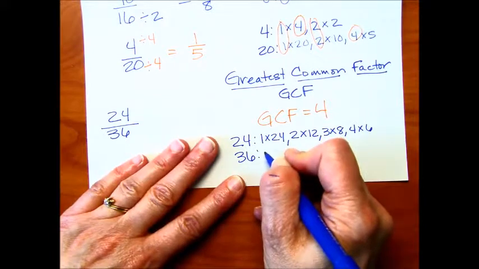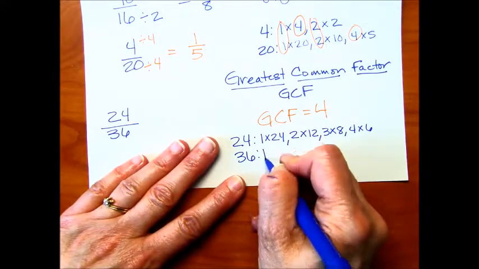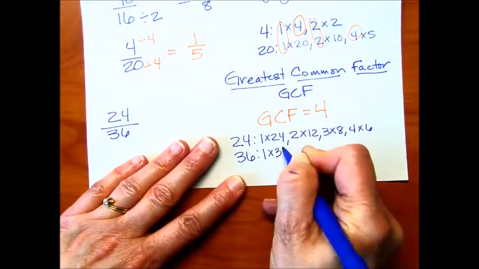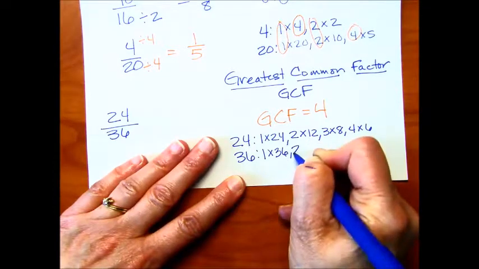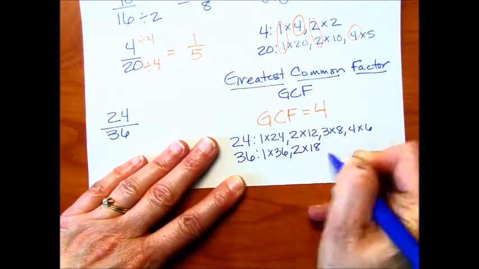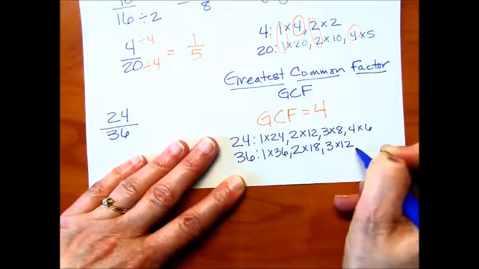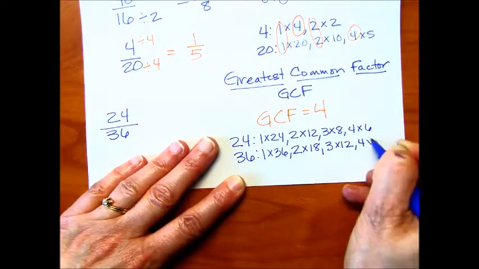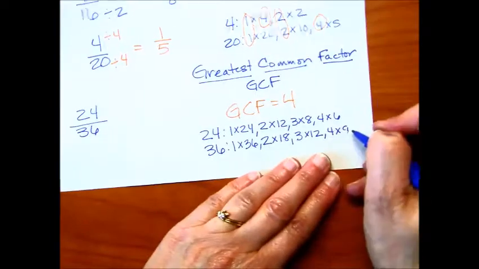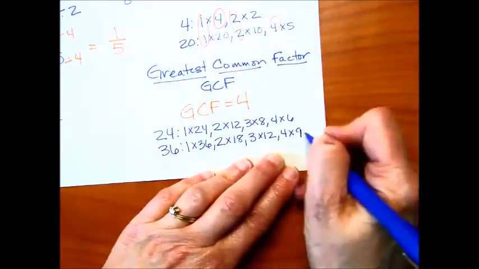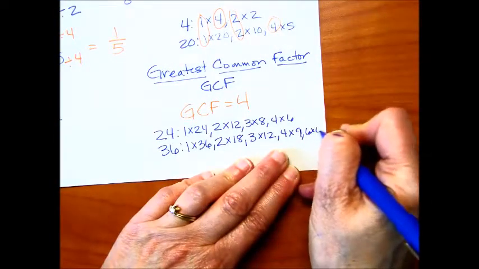Starting with 1, I'm going to check out the 36. So 1 times 36, 2 times 18, 3 times 12, 4 times 9, and 6 times 6.